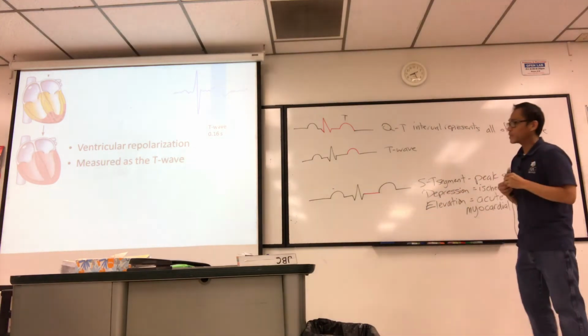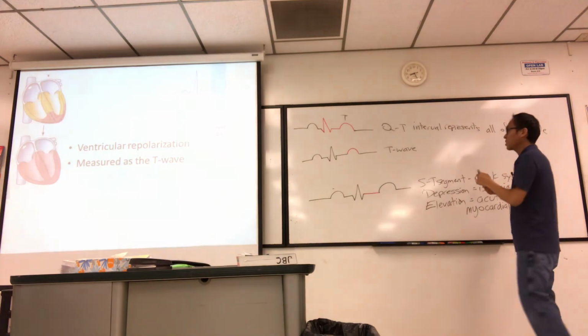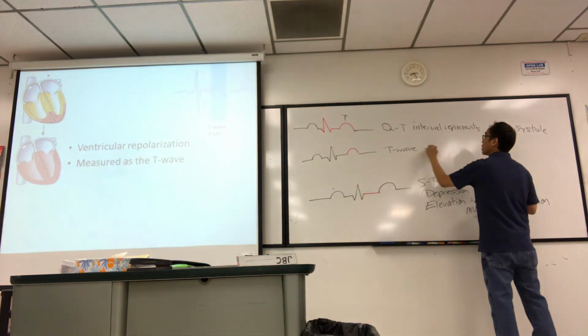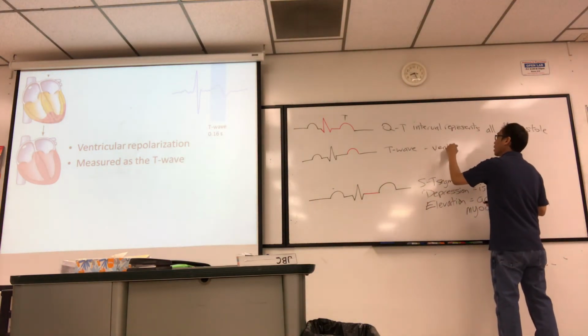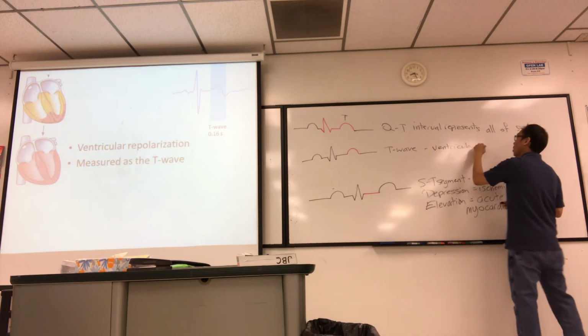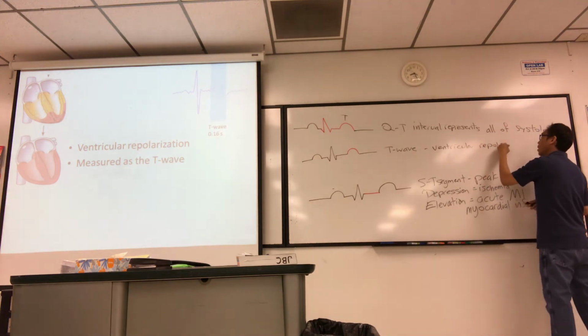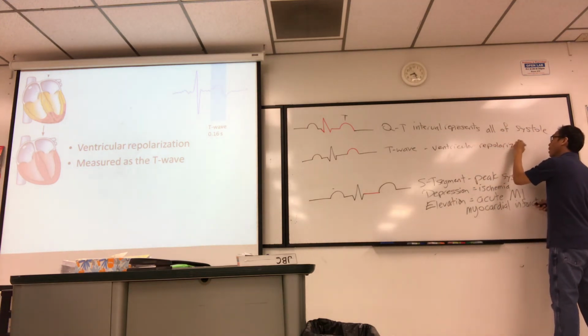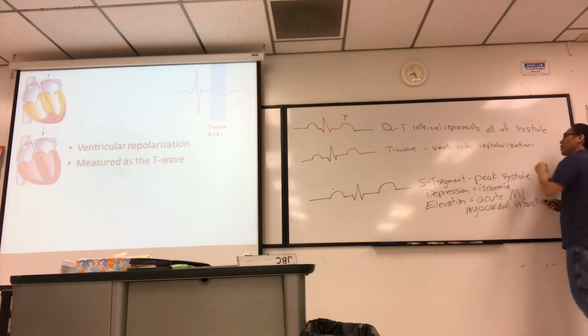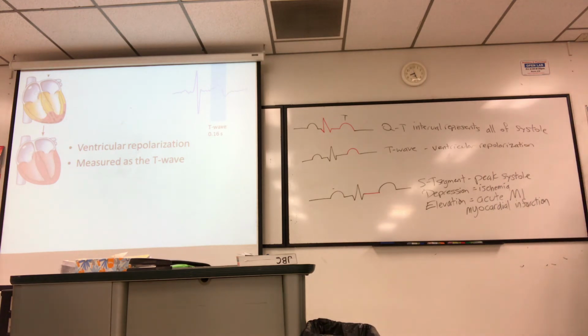The T wave represents ventricular repolarization. And this is kind of when the heart muscle starts to relax, like for example during isovolumetric relaxation.